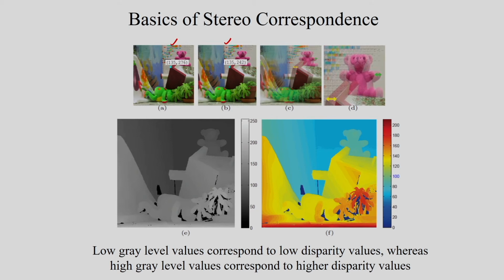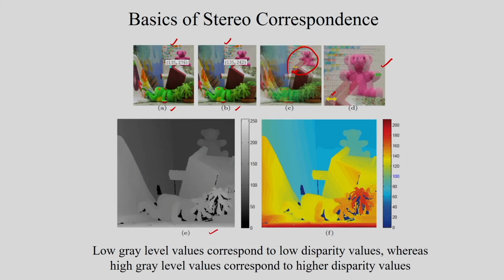The yellow lines show the disparity, and this portion is magnified in this image. The yellow arrow shows the disparity between the two images. The left image is shown in A and the right image is shown in B.